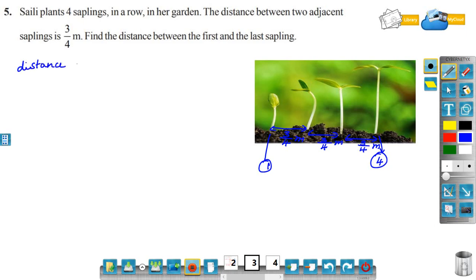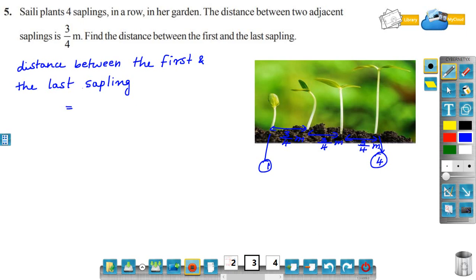Distance between the first and the last sapling is equal to the distance between two adjacent saplings, 3 by 4. See here, 3 by 4 plus 3 by 4 plus 3 by 4. How many times is 3 by 4 there? 3 times.